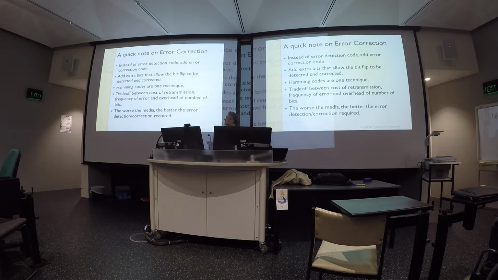And as I've said probably about 5 times by now, my favourite hobby horse: the worse the media, the better the error detection and correction that's required. See, the other thing you've got to think about is, when I say cost of retransmission, I'm not just talking about time.